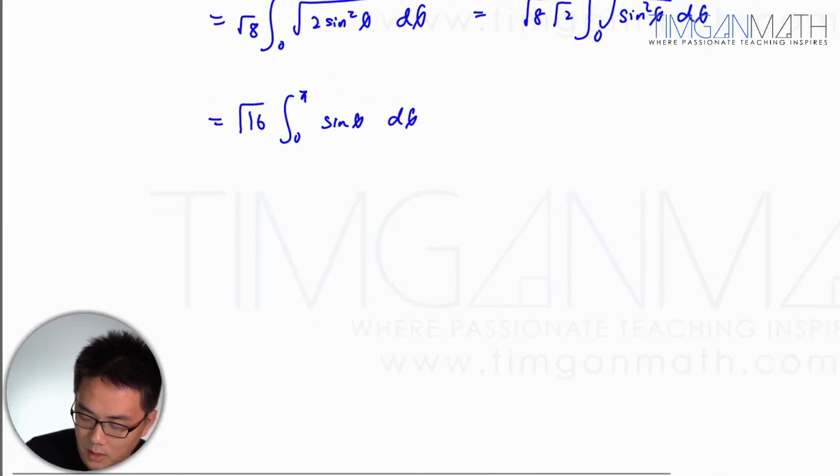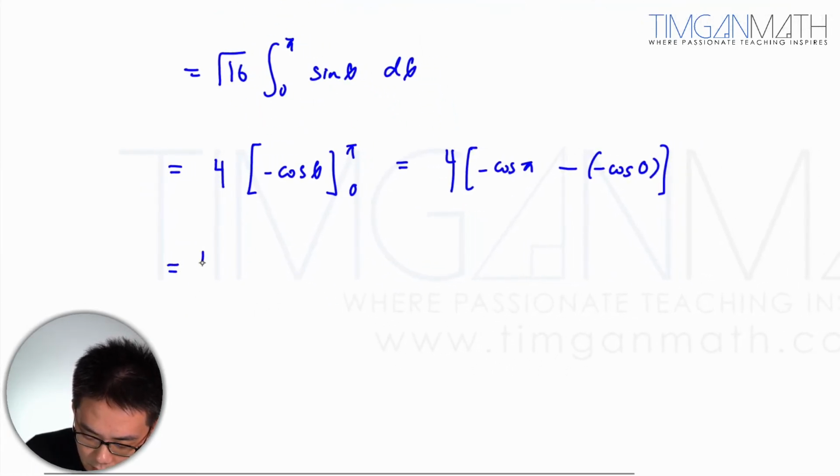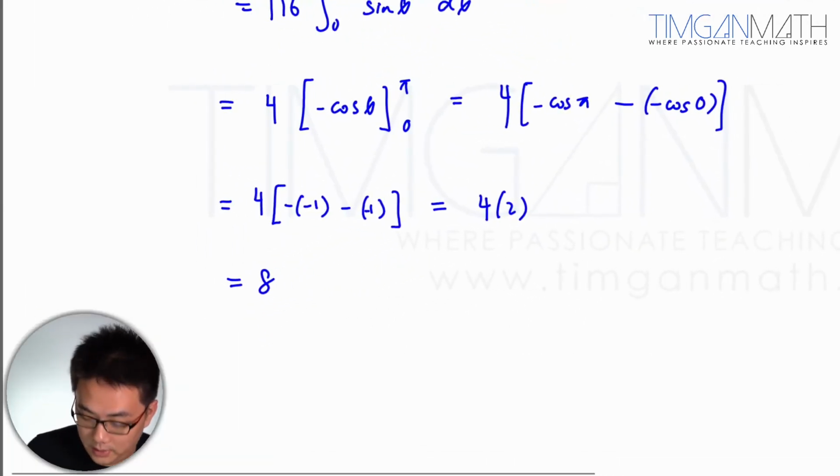Cos 0 is 1, cos pi is negative 1, so you get 4 times 1 plus 1, which is 8. Okay, units.